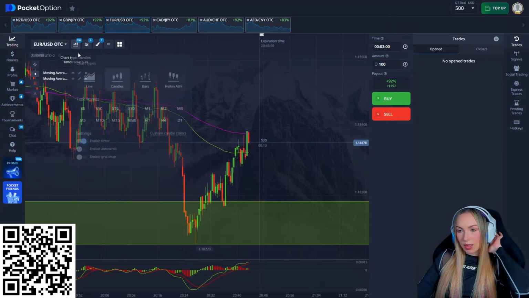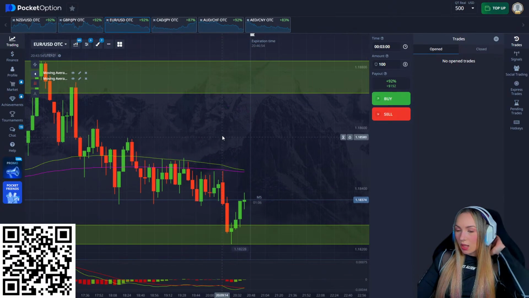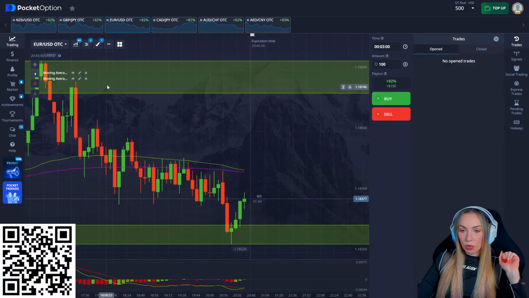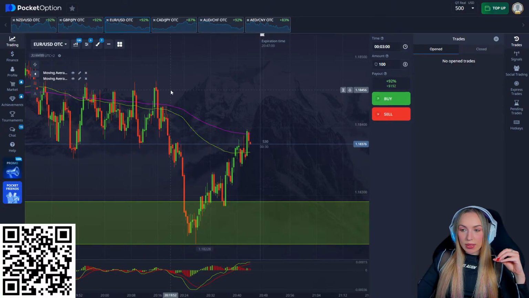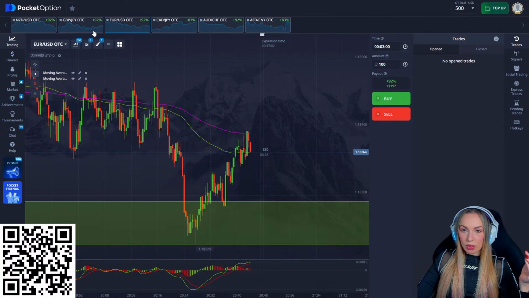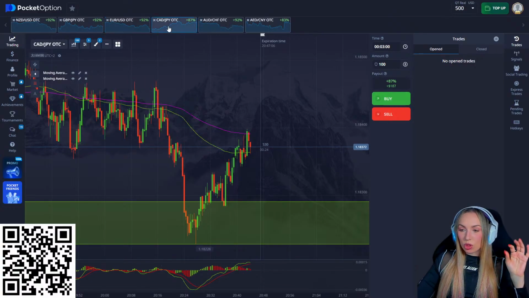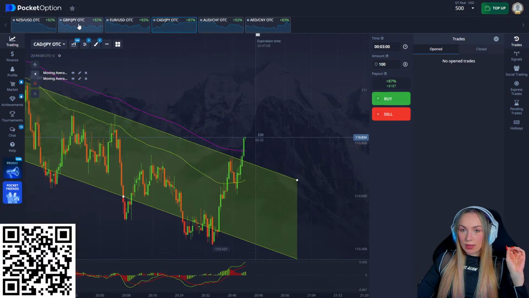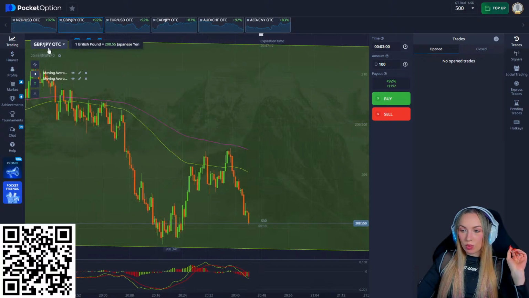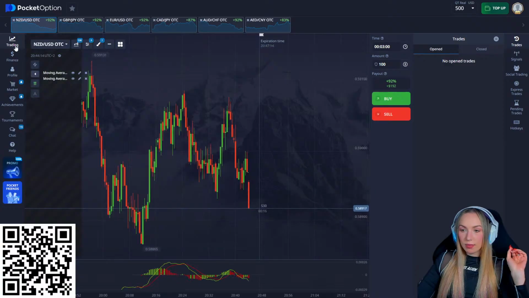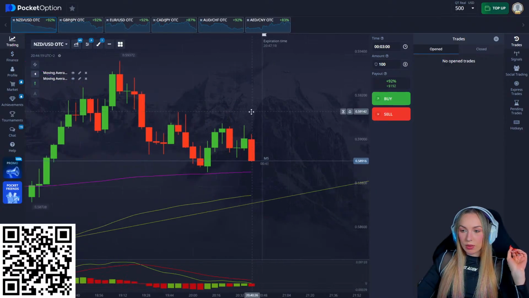This one, oh my god, this one went so much up. And by the way, here I also opened the trade in the upward direction and it was profitable. But for now, I think it's kind of risky to open the trade again in the upward direction, even though I believe that it will go up. I think for now we're also just watching this one, as well as CADGBP, which also went down again, and this one as well.